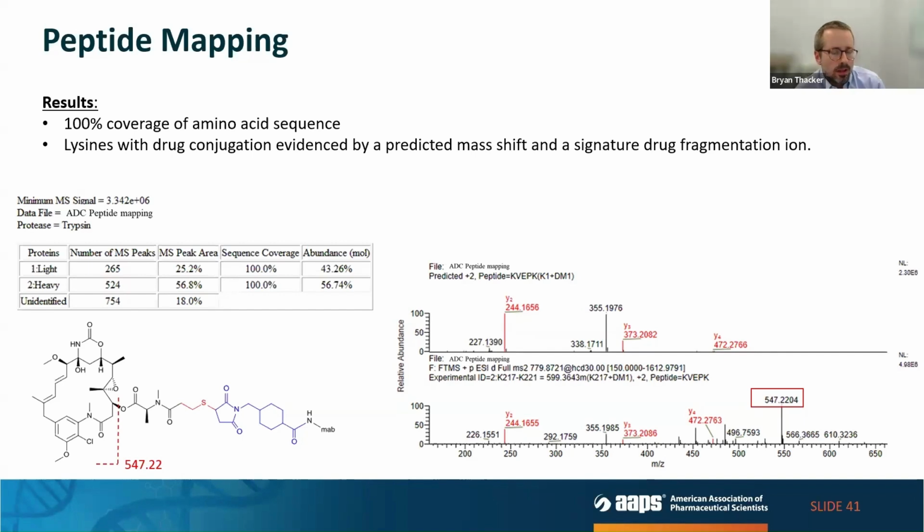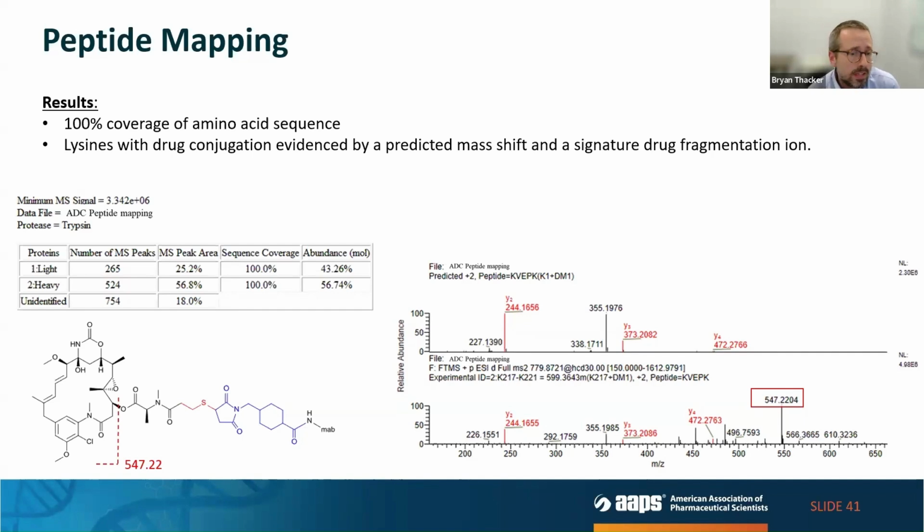A convenient, very useful feature of this type of analysis also is that if there's a drug and linker conjugated to the peptide, it will produce a characteristic mass shift in the spectra that's detected, and that can be picked up in the data.